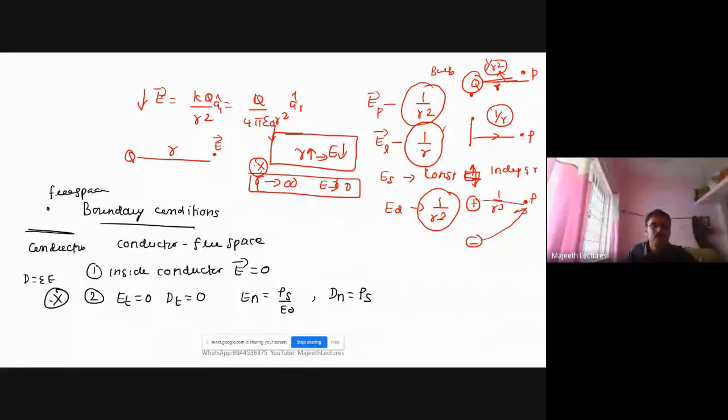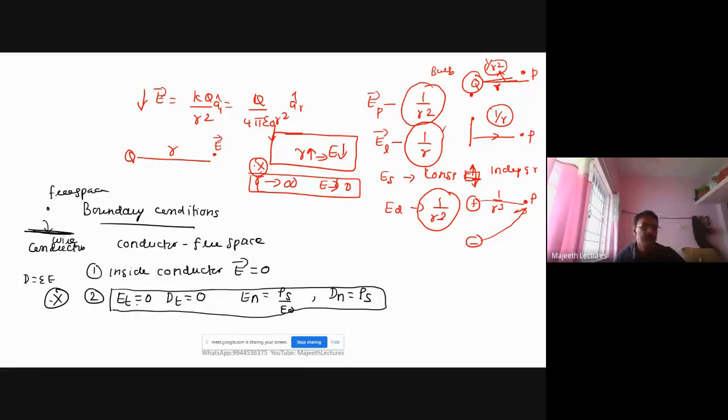Where are we using this? Conductor is nothing but our wire. Free space means our space. So above the boundary, if you touch your wire, these things you can see. Hereafter, whenever you touch your phone charger or any wire, at the surface of the conductor, suppose you have a red wire, if you touch that, you feel that the tangential component of the electric field is 0, and the tangential component of electric flux is 0.